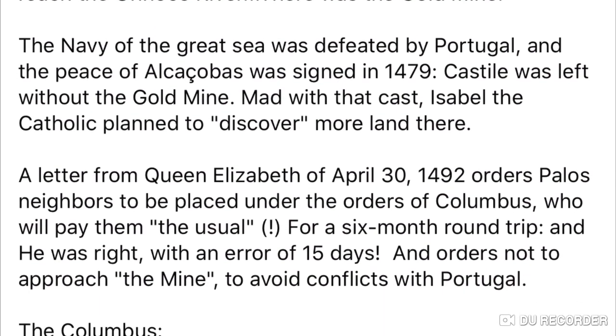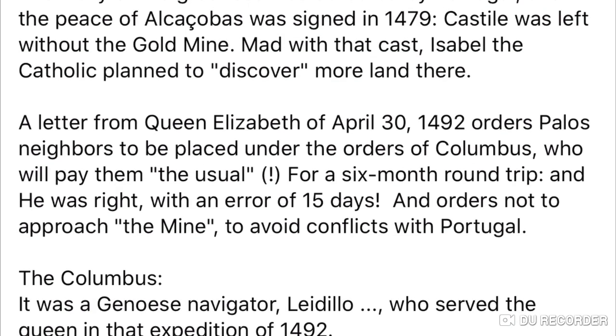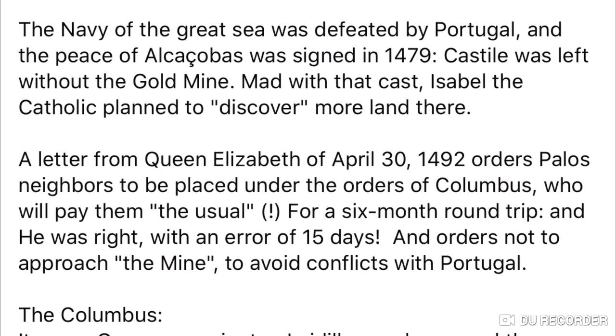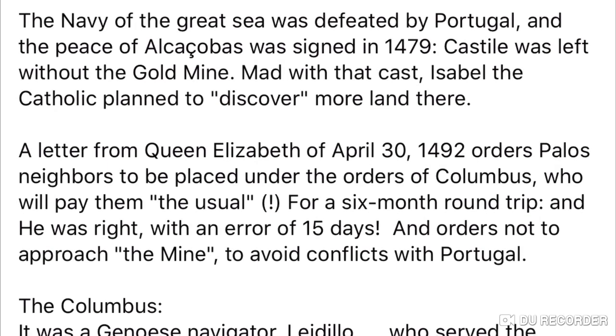The navy of the Great Sea was defeated by Portugal, and the Peace of Alcáçovas was signed in 1479. So before 1492, we're dealing with America. Castile, who had the navy of the Great Sea, was left without the gold mine.